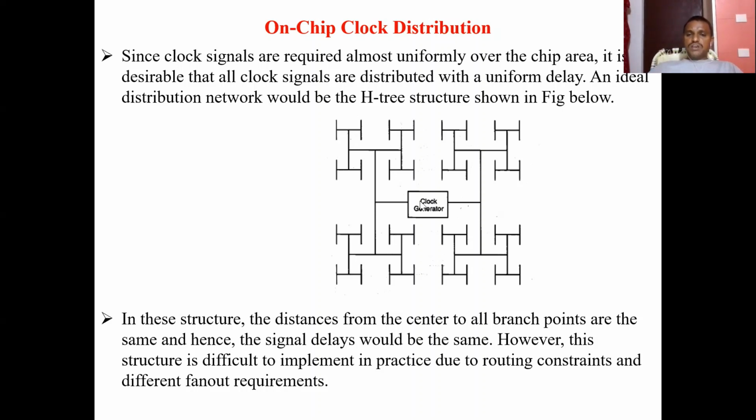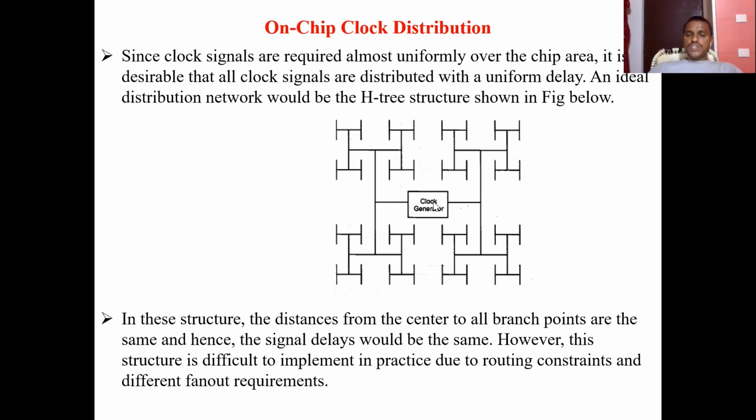First the clock is generated, it produces the required clock signal, and it sends it like this and like this. At this point, it is again distributed to here and here, and again to this one. All these clock distribution structures on the chip are in the form of an H. That's why it is called an H tree.